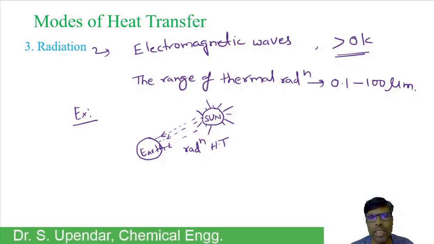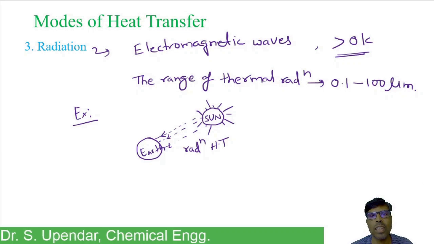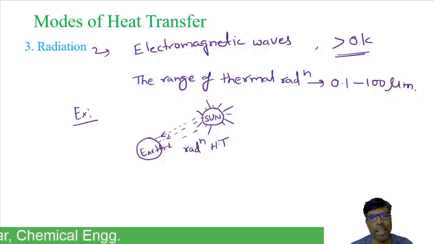Unlike conduction and convection, radiative heat transfer does not require a medium to pass through. So, it is the only form of heat transfer present in vacuum. In fact, radiation heat transfer occurs most efficiently in a vacuum.